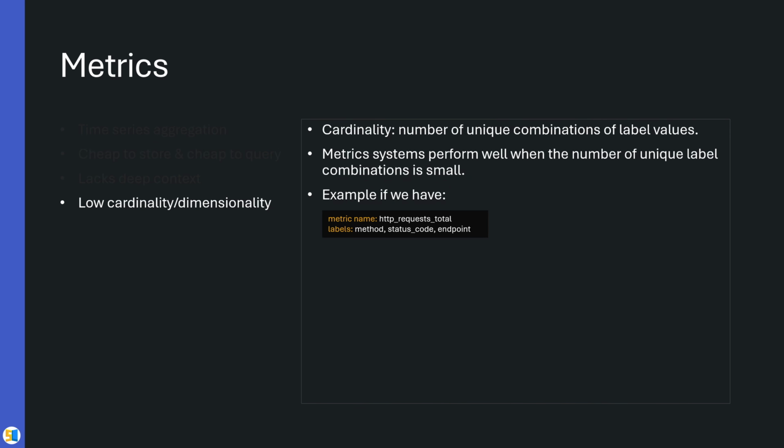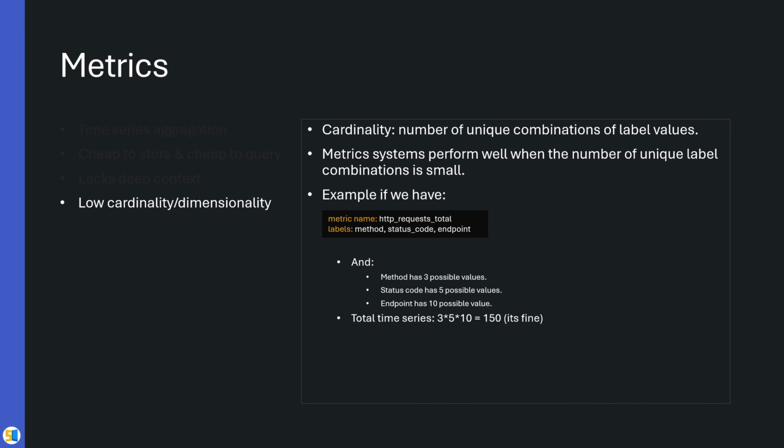For example, if we have a metric named HTTP request total with labels method, status code, and endpoint, and let's say we have 3 possible values of method, 5 possible values of status code, and 10 possible values for endpoints.